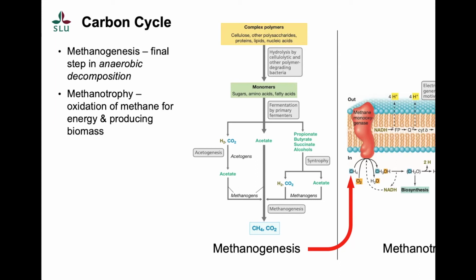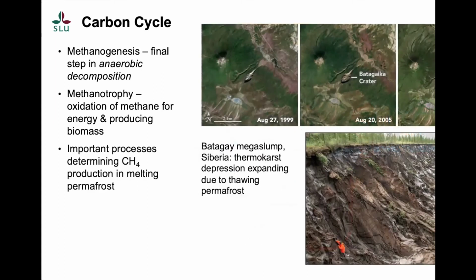So how these two processes interact, as you can imagine, is extremely critical in environments like melting permafrost, where, if you remember, you can classify soil as organic or mineral, and a lot of permafrost soils are very highly organic.